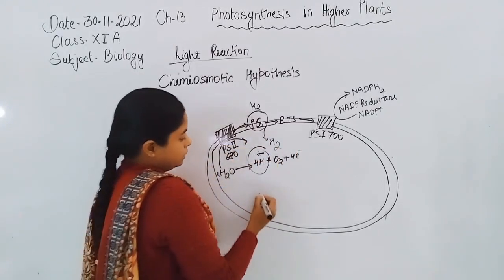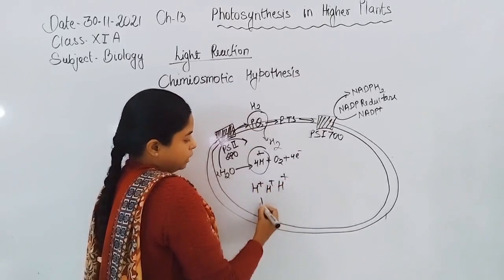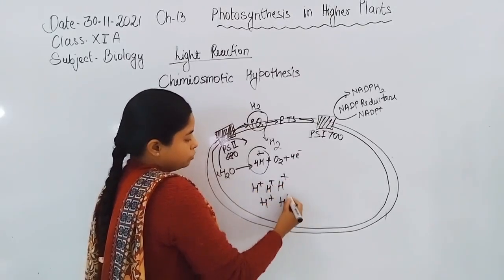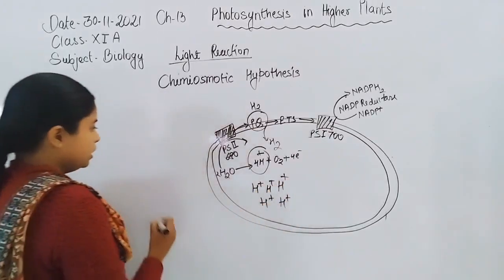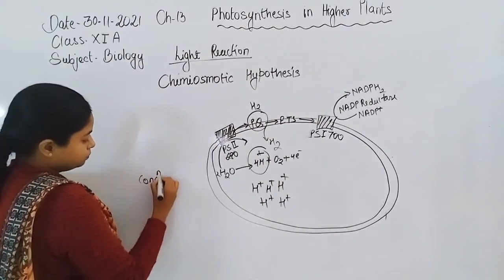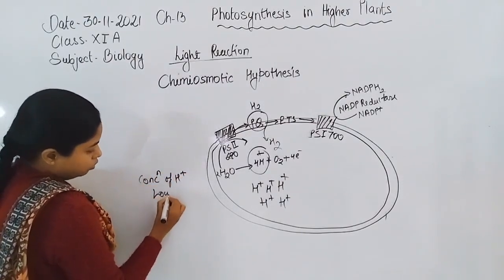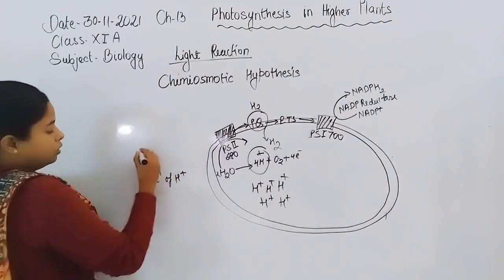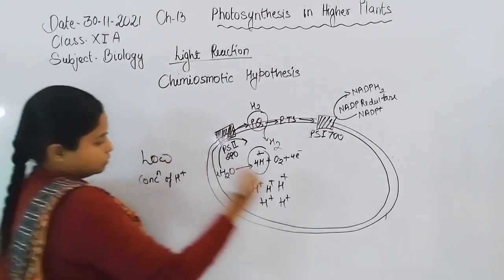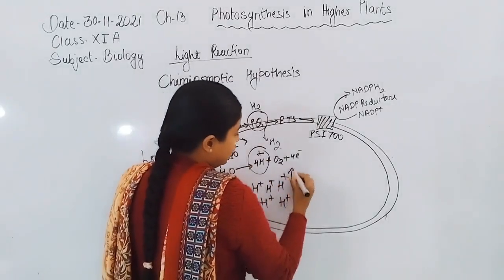So that's why in the inner lumen the proton concentration becomes high as compared to the outer stroma. Here is the low concentration of protons, whereas in the lumen the proton concentration is high.